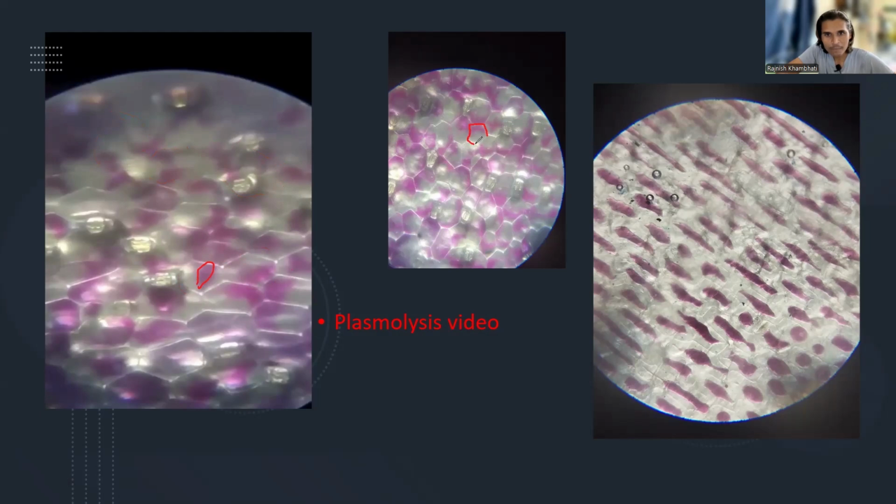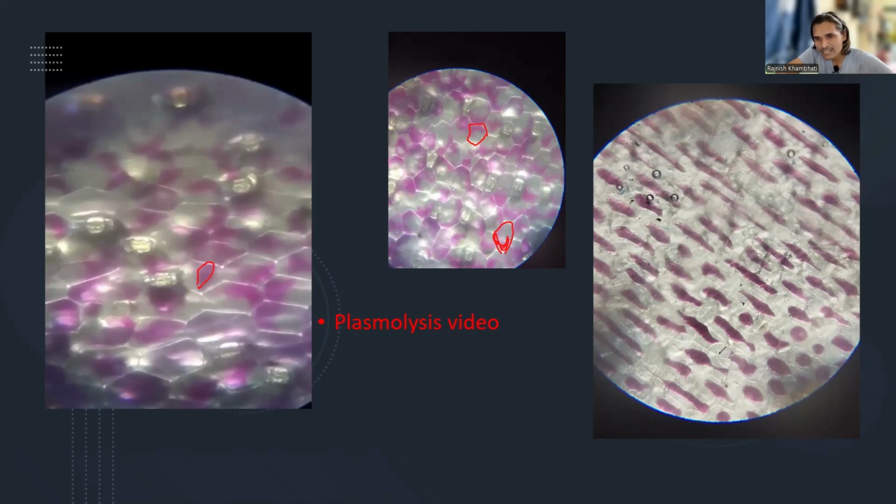Each hexagonal looking structure is a cell. In that cell, previously the cytoplasm was equally distributed. But right now, after plasmolysis, you can see it is just present in a corner of the cell.